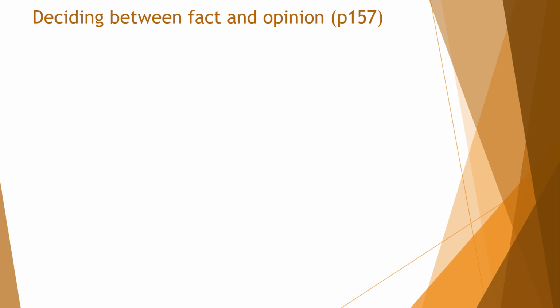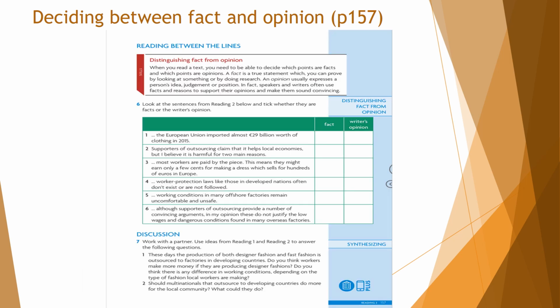So, page 157. Deciding between fact and opinion. Okay, so this is the page in the book. I'm just going to read the box at the top there. Distinguishing fact from opinion. When you read a text, you need to be able to decide which points are facts and which points are opinions.